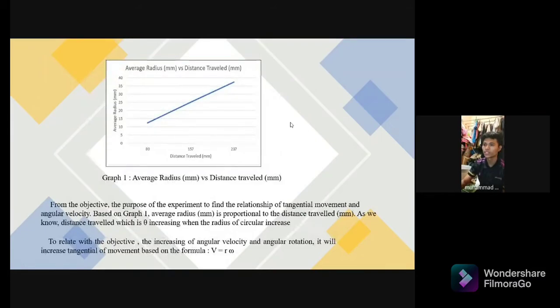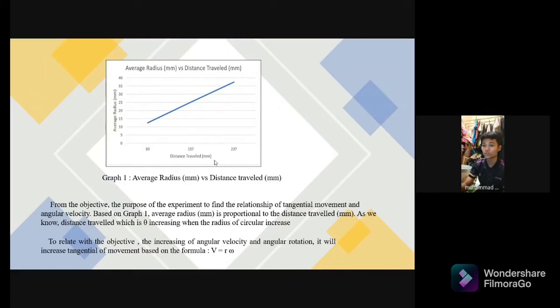This is the graph based on the result that we get, the graph of radius and distance travel. The graph shows that as the distance travel increases, the average radius also increases. The average radius is proportional to the distance travel, as we know distance travel increases when the radius of the circle increases.